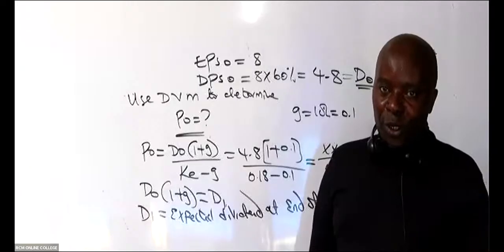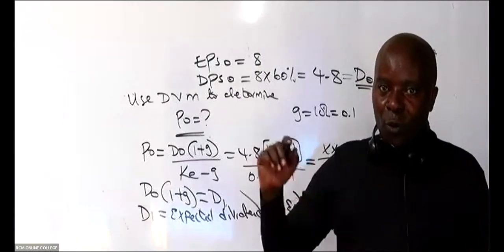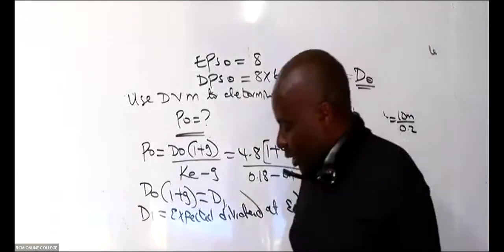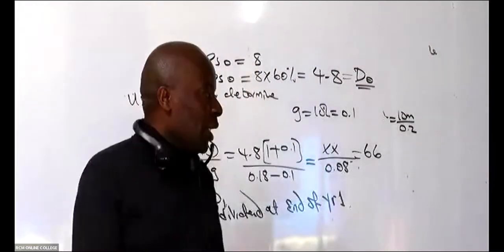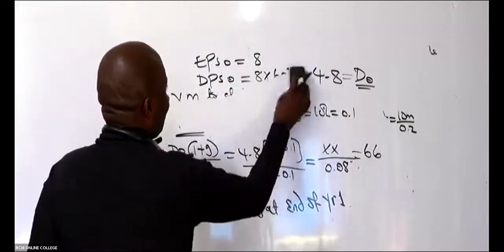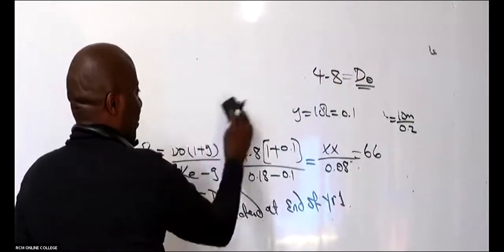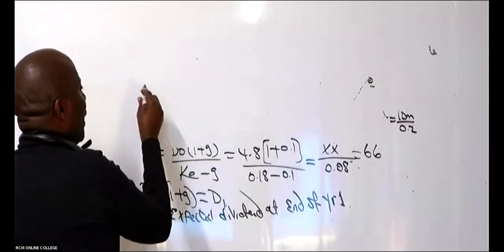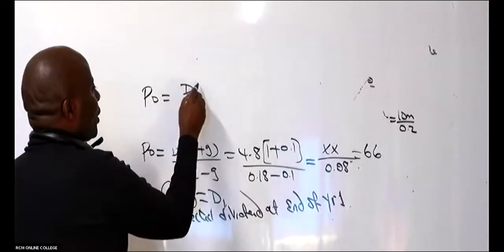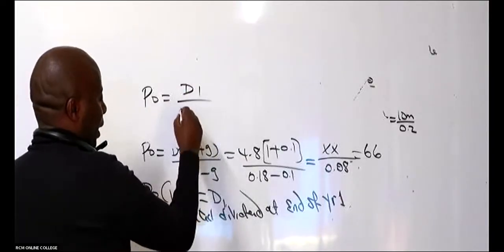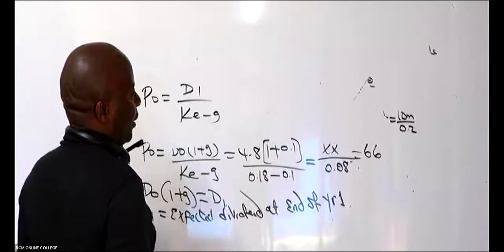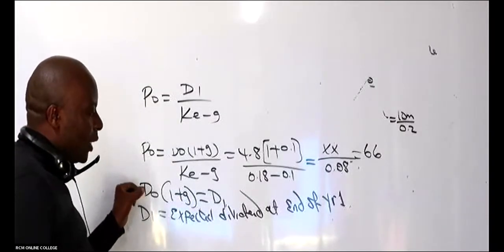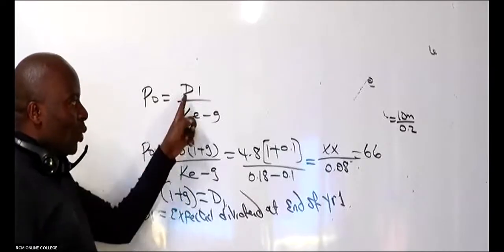So D0 is today's dividend. Then we have D1. And that is why you realize some books telling you that P0, I'm just preparing you, because I know how these examiners will want to twist you. You'll get some books saying that P0 equals D1 all over Ke minus g, because already they have taken the initial dividend and grown it to make D1.